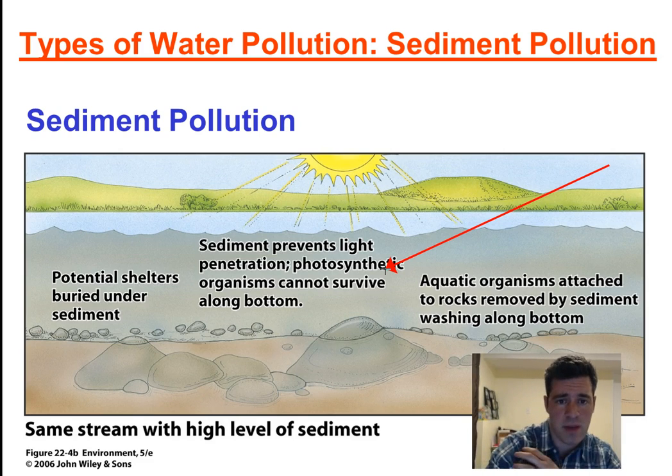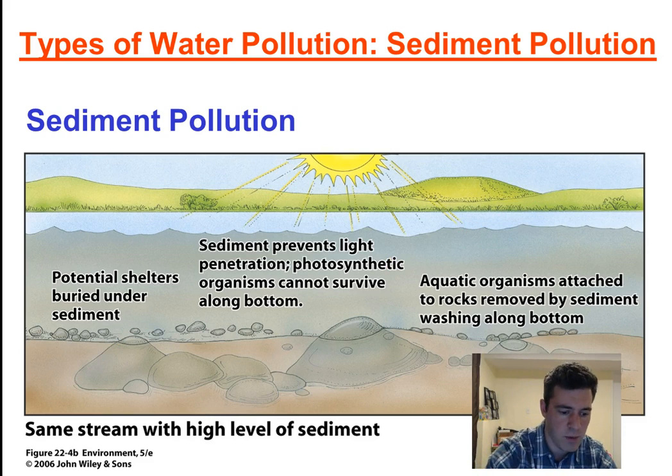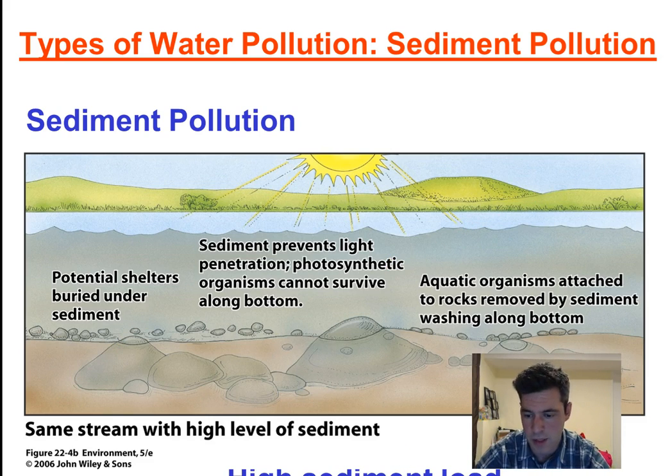You don't have as many places for critters to live between rocks. And you're looking at a situation that's not good. Okay? So sediment pollution increases the temperature of the water, decreases dissolved oxygen. You're no longer having photosynthesis at the bottom because the sunlight's not reaching the bottom, and you're going to have a lot of die-offs of little fishies. So that's pretty much your situation with an increased sediment load.